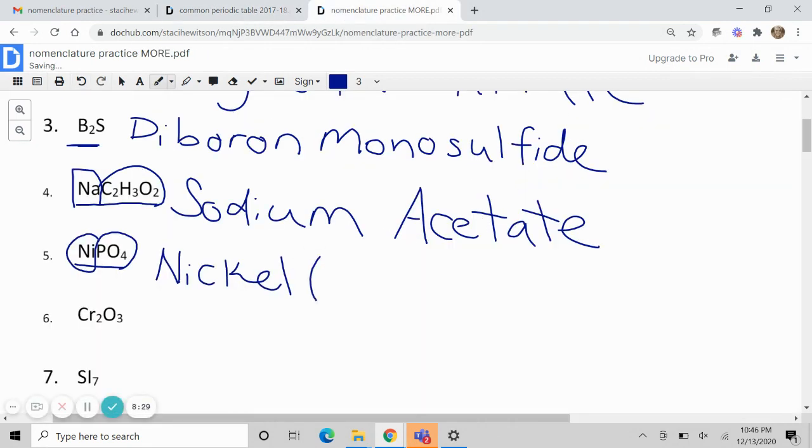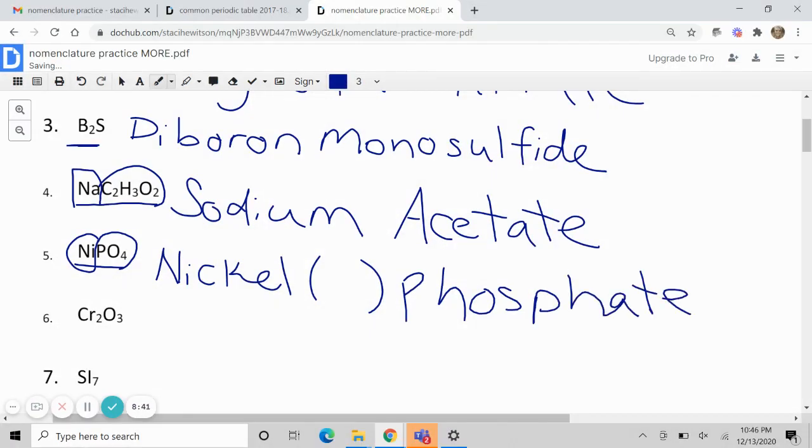So let's leave space for the Roman numeral. We'll come back and figure that out in a second. And then PO4 is called phosphate. Phosphate. Now, if you look at your polyatomic ion list on the back of page 12 of your notes, phosphate has a -3 charge. Okay, phosphate has a -3 charge.